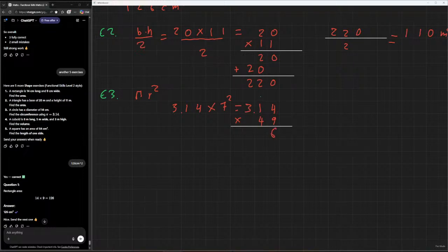Then 9 times 3 is what? 27 plus 1, 28. And 4 is 14.